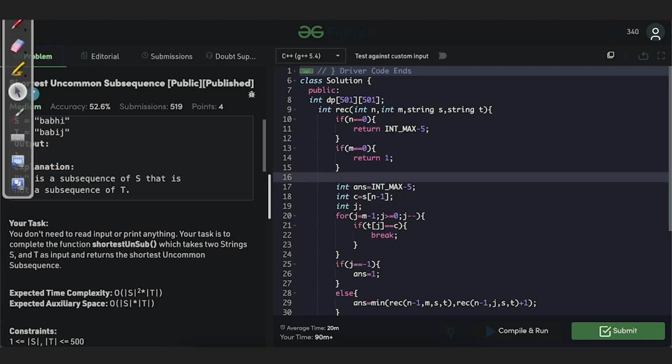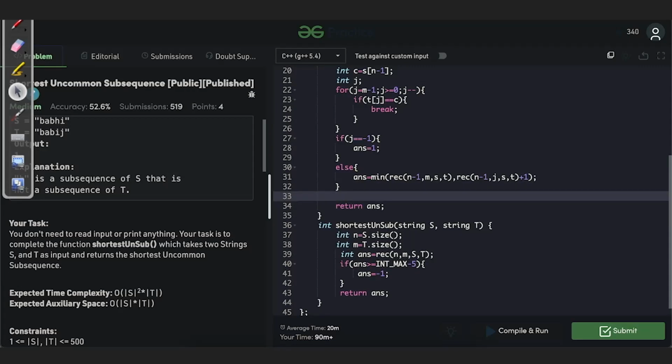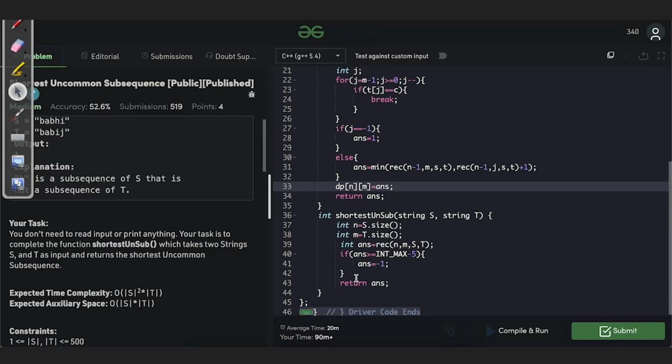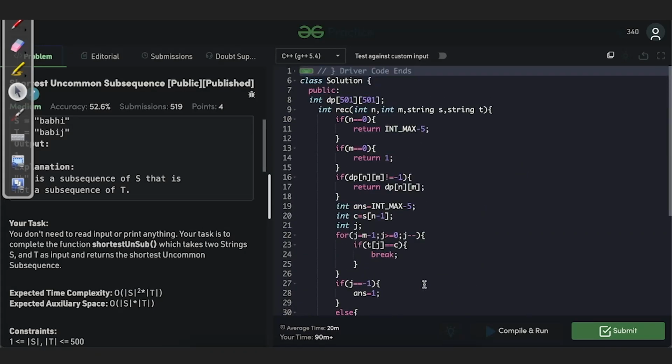Before computing the value, if dp of n cross m is not equal to minus 1, then we would return dp of n cross m. Else, because this value is not calculated, we would simply save the answer. We would initialize everything with minus 1, like memset of dp comma minus 1 comma size of dp itself.